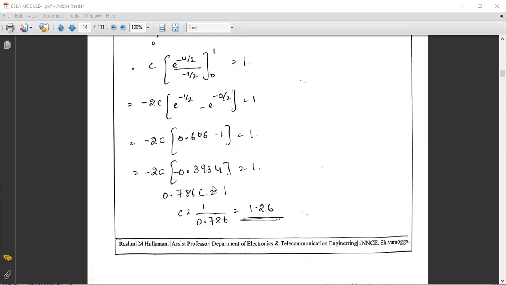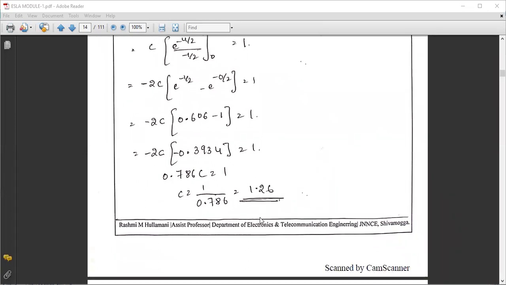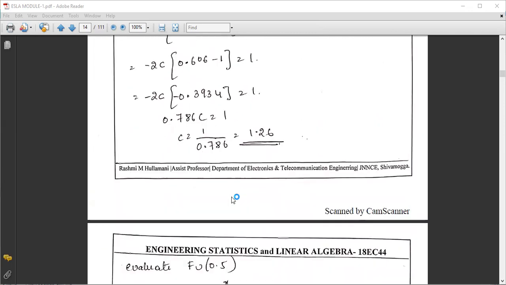We get 0.786 times c equals 1. C is on the left-hand side and the numerical part goes to the right-hand side, which is 1 by 0.786, giving 1.26. Understood? This is a simple problem that appeared in the model question paper. This is an important problem.